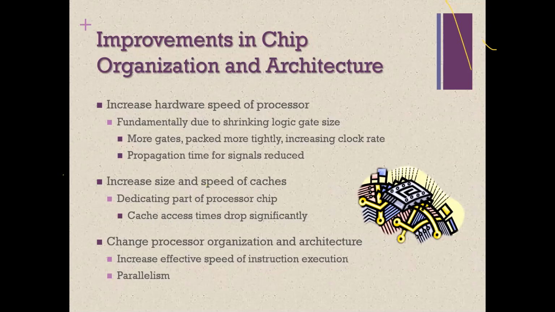So if there is the need to get any information, it doesn't require the system bus per se because it's on board. And then another part is also to split the cache, as we saw in the examples that we've seen before.